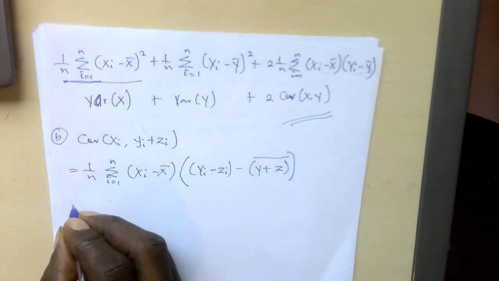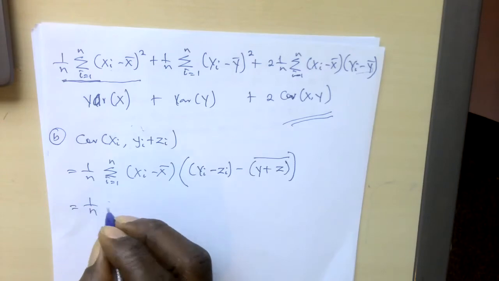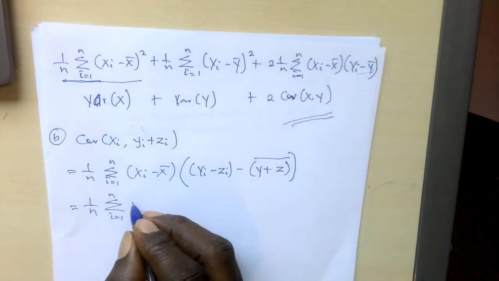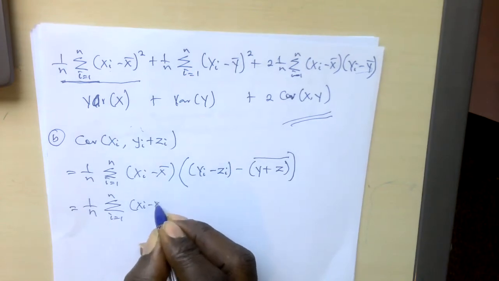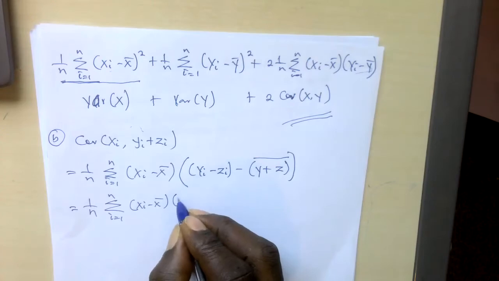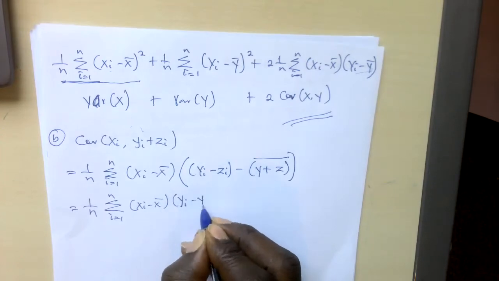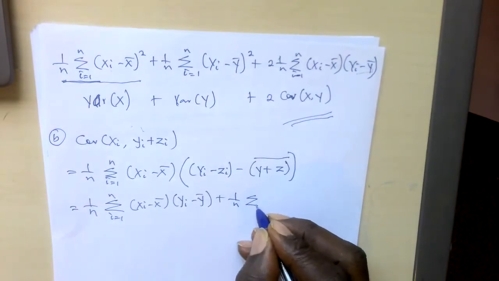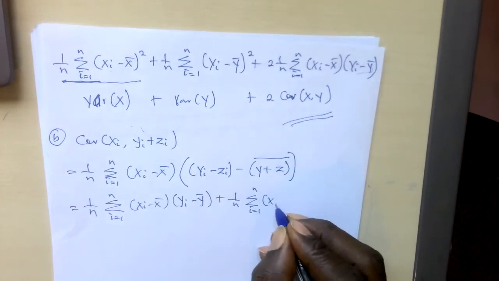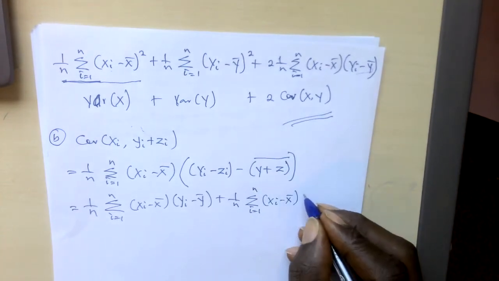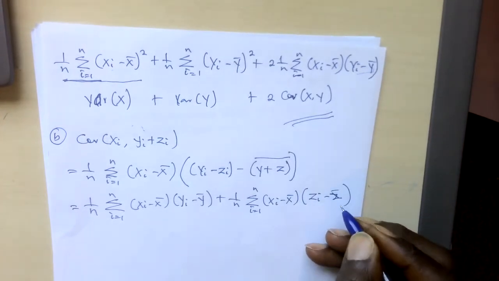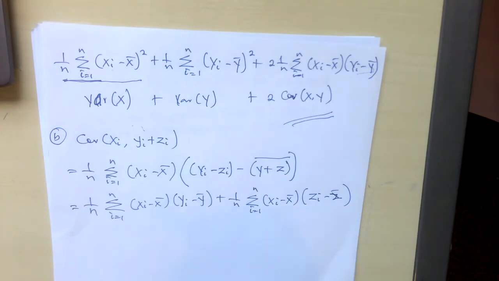So we have 1 over n summation i, summing from 1 to n, xi minus x bar times yi minus y bar, plus 1 over n summation to n of xi minus x bar times zi minus z bar, right? So we've opened this up.